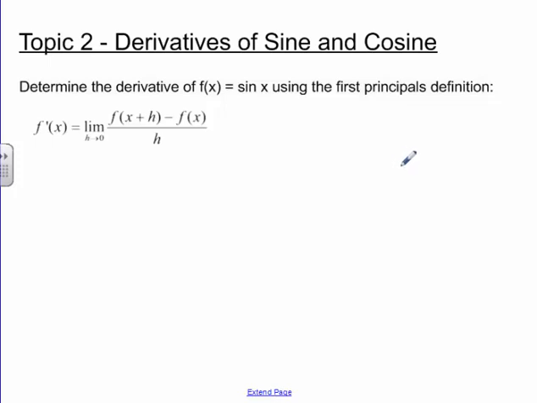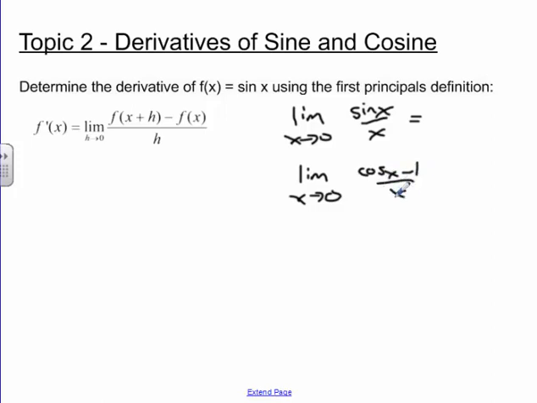And so before I even do that, as I'm continuing the review, I should remind you what we did last lesson. We talked about a couple different properties. We discovered that the limit as x approaches 0 of sine of x over x was equal to a value. And the limit as x approaches 0 of cosine of x minus 1 over x was equal to a value as well.